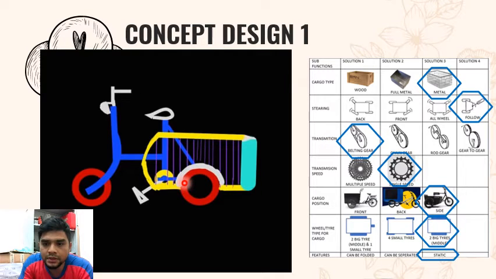Transmission speed is a single speed. The cargo position is at the side. The wheel tire type for cargo is two big at the middle. And the feature of concept design number 1 is the cargo static position, cannot be fold and cannot be separate from the cycle.